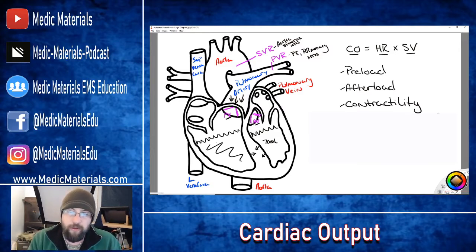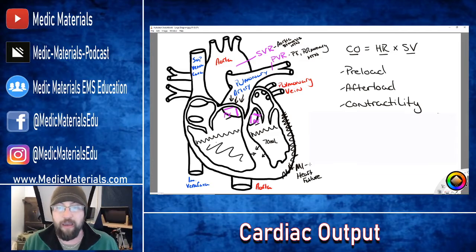If you have weakened muscle here, say you had an MI or you have heart failure, these are things that are going to cause tissue death in terms of MI. Or with heart failure, you're going to have a very flabby, non-strong ventricle that's not going to be able to pump that blood out of the ventricles. Is there a fluid imbalance somewhere within the body?